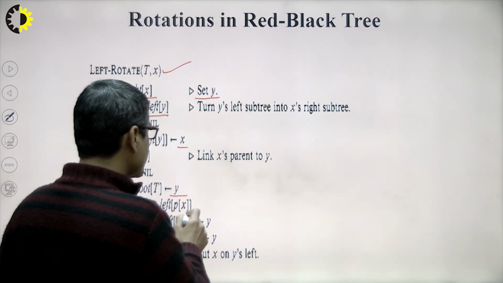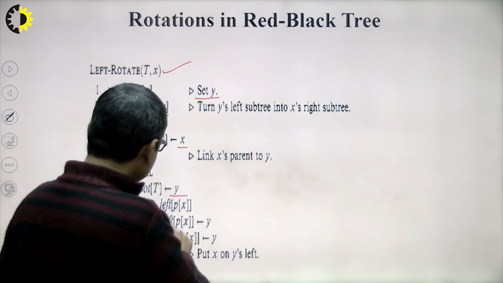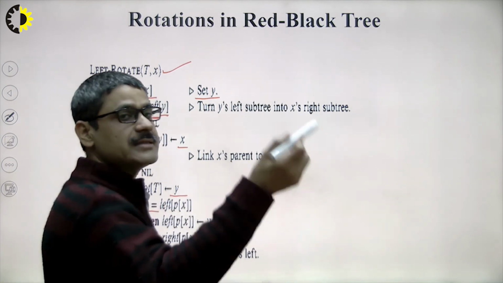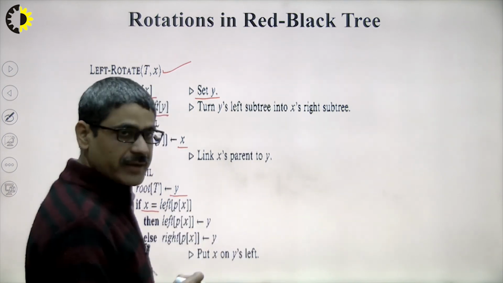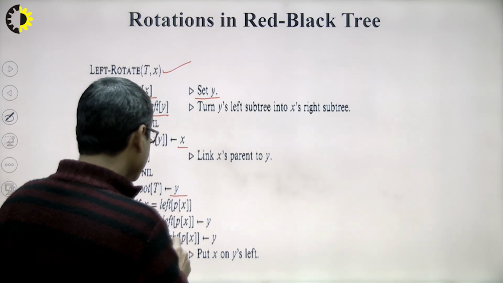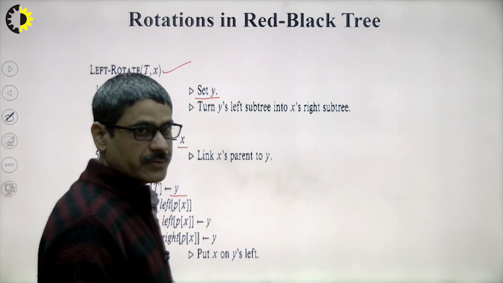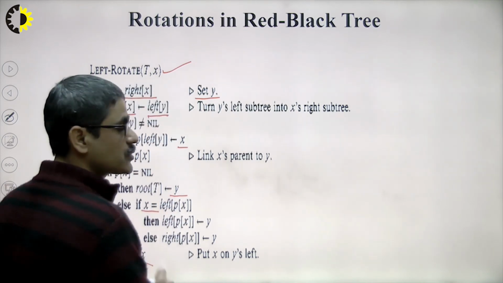Else if x equals left of its parent, then left of parent of x equals y; if it is not, then right of parent of x equals y. Then left of y equals x and parent of x equals y.